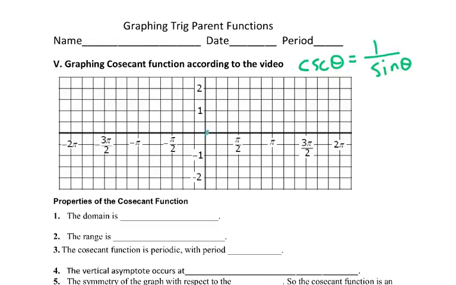That's from 0, 0, pi over 2, and then pi, then 3 pi over 2, then it's 2 pi. So I connect like this. Let me extend this graph.